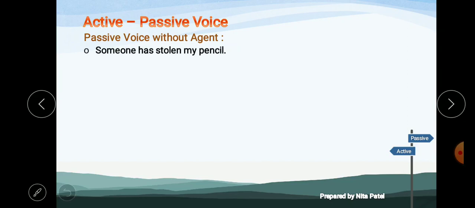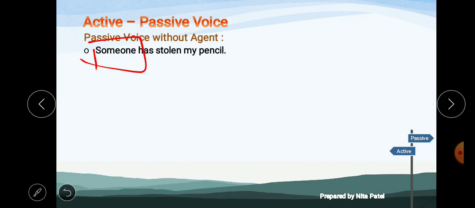Now look at this. Someone has stolen my pencil. Someone is there, not a particular proper name. So this sentence is without agent. I haven't pointed out the particular name. Here we don't have any kind of agent, it's just a subject.